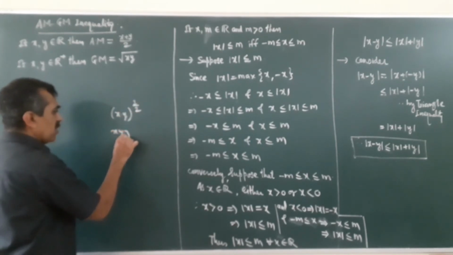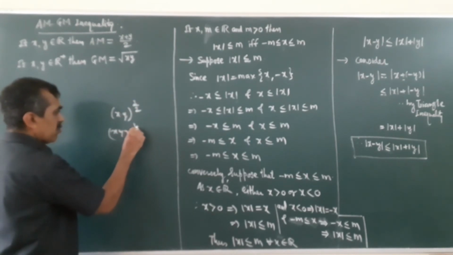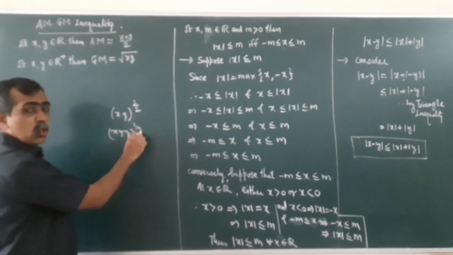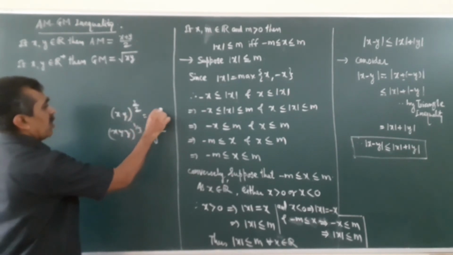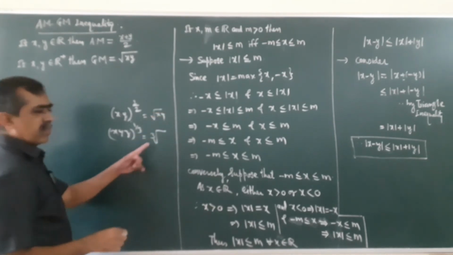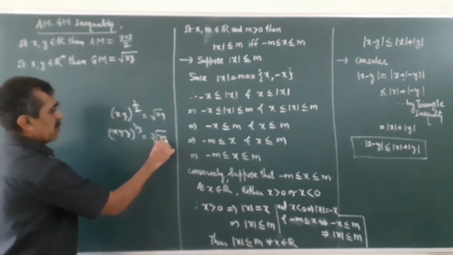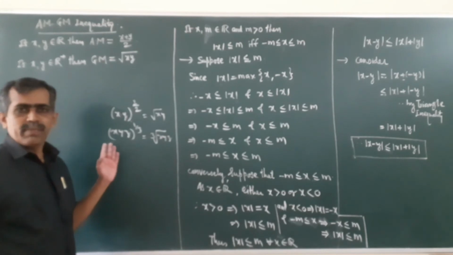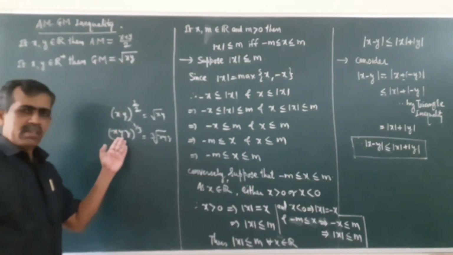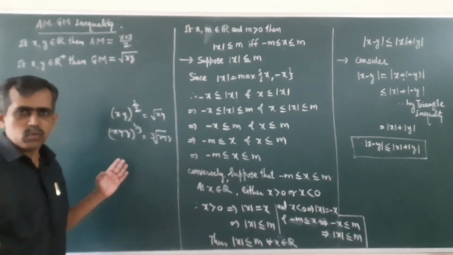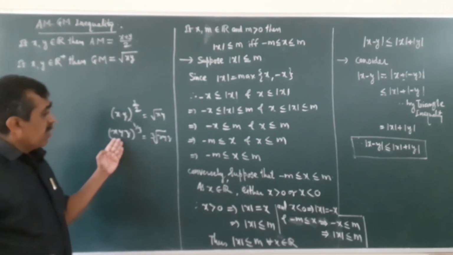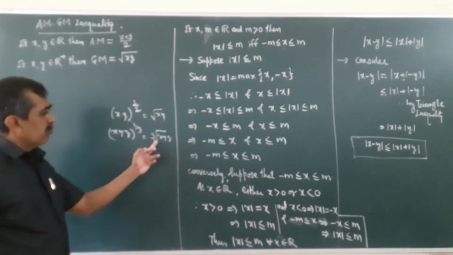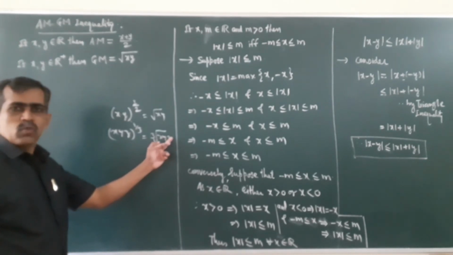If there are 3, then their geometric mean is the cube root of x, y, z. This is how we define the geometric mean of 2 or 3 or n numbers. If x1, x2, ..., xn are real numbers, then their geometric mean is the nth root of x1 into x2 into xn.